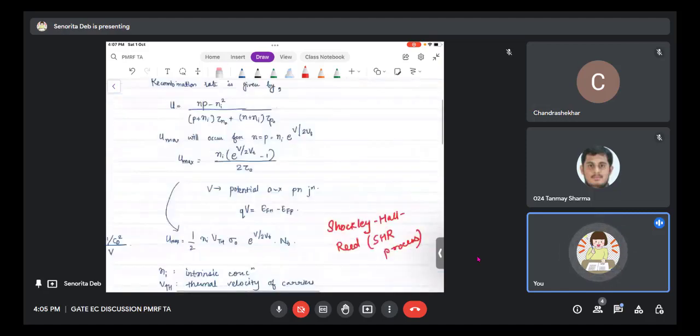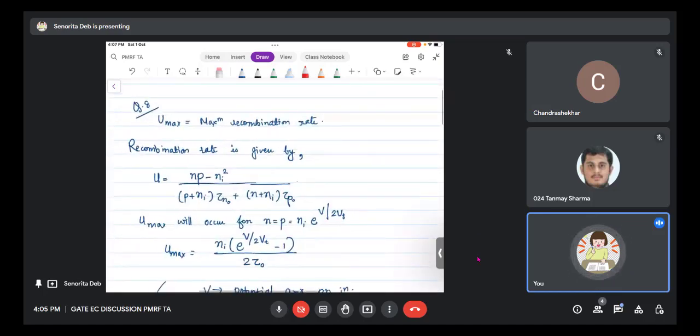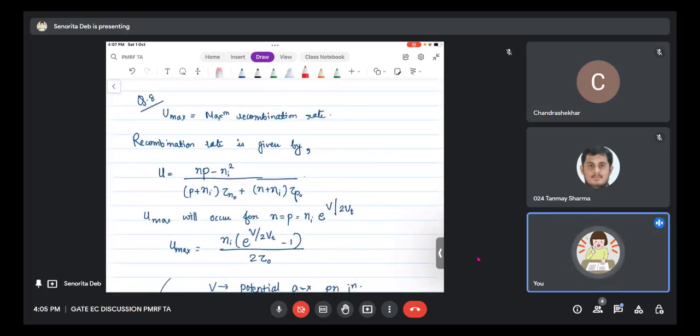So I'll just show you what I found out. The maximum recombination rate Umax is given by this formula. Recombination rate is basically given by this formula, where N and P are the electron and hole concentrations, Ni is the intrinsic concentration, and tau N naught and tau P naught are the recombination lifetimes of electrons and holes that we had seen in the very first lectures.